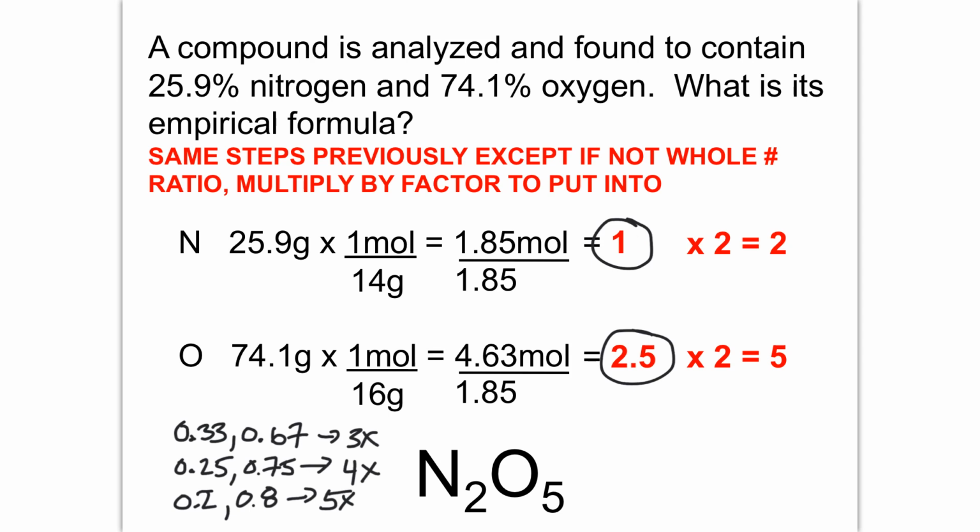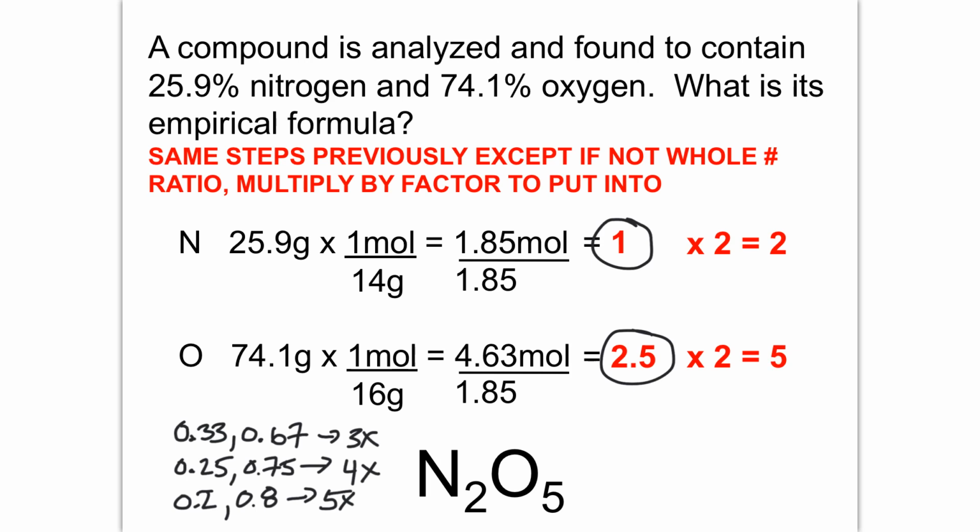So all we're doing is converting these into whole number ratios because we can't have half an atom, right? So all we're doing is making it a whole atom by multiplying by a factor. So we have 1 mole of nitrogen atoms to 2.5 moles of oxygen atoms, but in reality it's really 2 moles of nitrogen atoms to 5 moles of oxygen atoms.